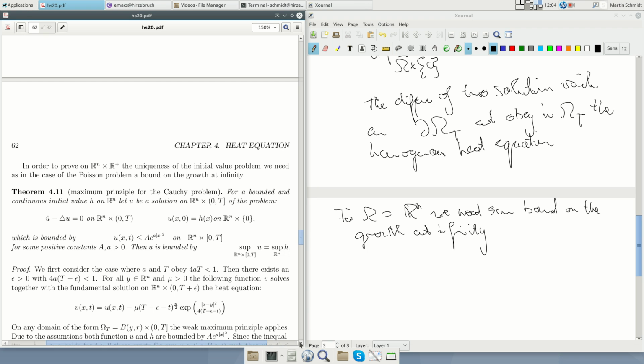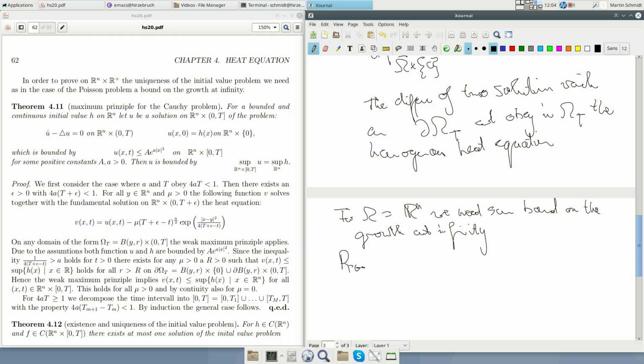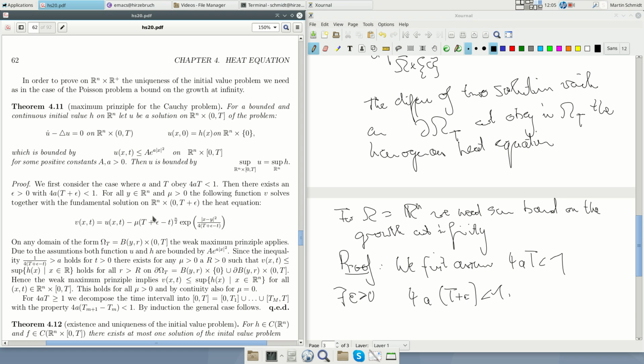So we do this by two different cases. Proof: we first assume that 4at is smaller than 1. Then there exists epsilon larger than 0, of course, such that 4a times (t plus epsilon) is also smaller than 1. Now we introduce this function.